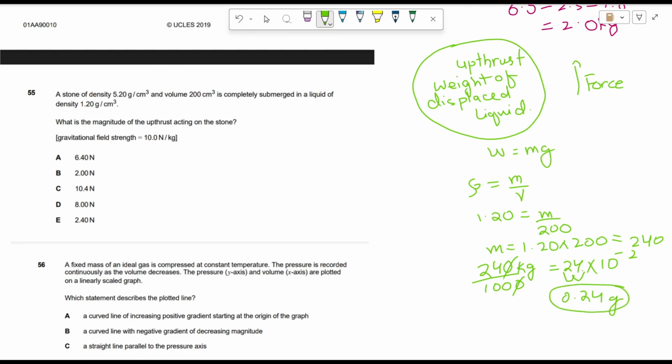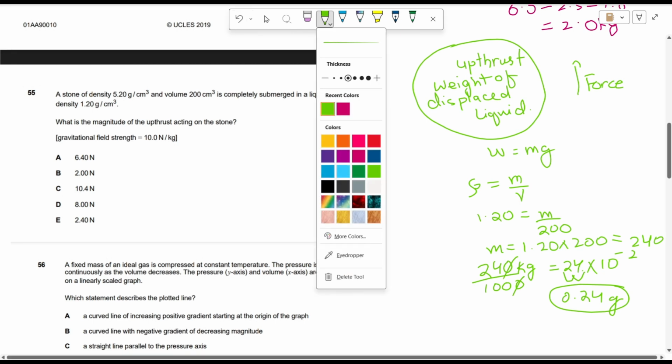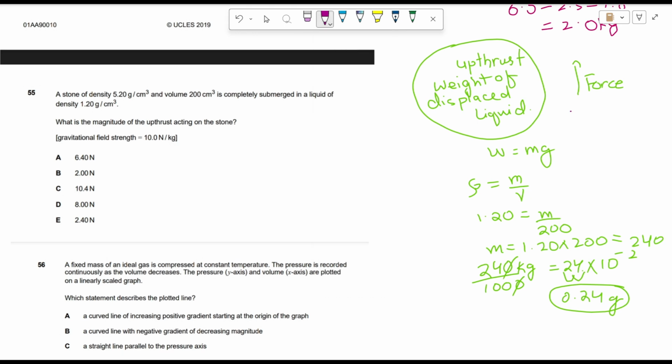So now we are just supposed to find this upthrust. Weight is equal to mg. Now we have found our m as well. We just multiply that m with gravity, which is 10 meter per second square. So weight is equal to 0.24 times 10, which just moves the point to the right.